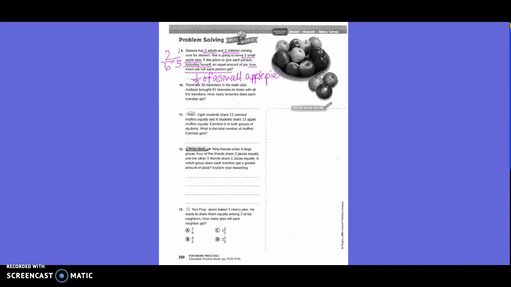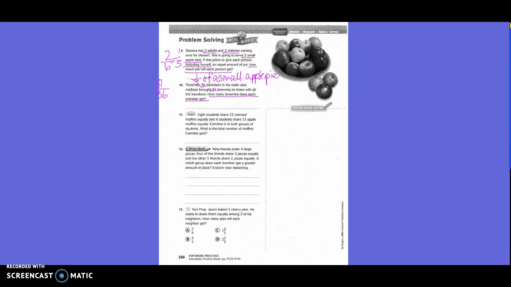There are 36 members in the math club. Addison brought 81 brownies to share with all the members. How many brownies does each member get? So what do we need to underline? 36, 81, and how many brownies does each member get? So does 36 go on top or does 81 go on top? 81, because she has 81 total brownies, and then how many people? 36.